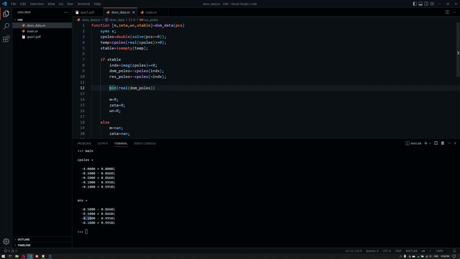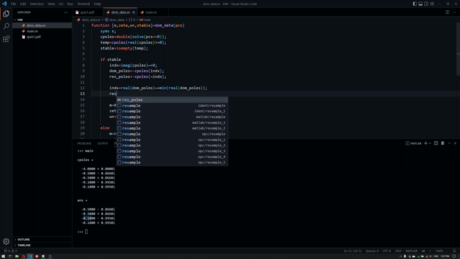And actually I want to know, yeah, we have the real parts of the dominant poles. I'm looking for the minimum one of these. And the index where the real parts of the dominant poles are not equal to just this minimum are going to be added to the residue poles here.